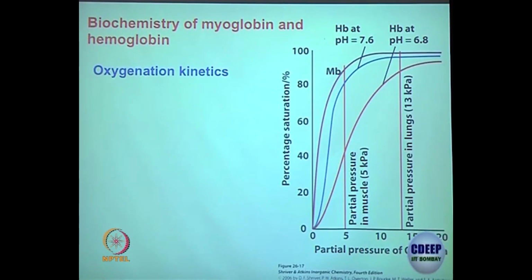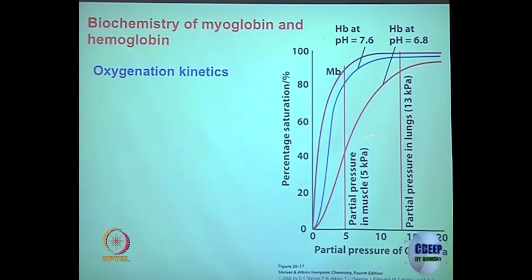Oxygen is going to transfer from hemoglobin to myoglobin in the muscles, because at a low pressure, myoglobin has a higher affinity for oxygen compared to hemoglobin. Okay?